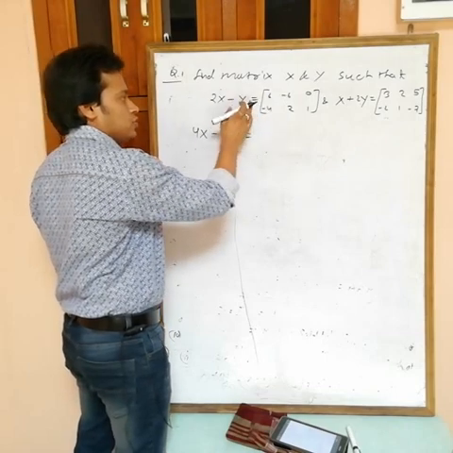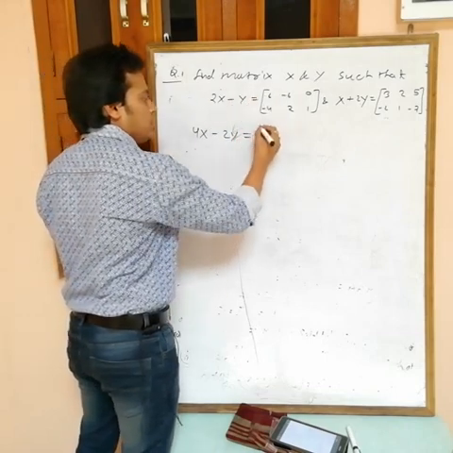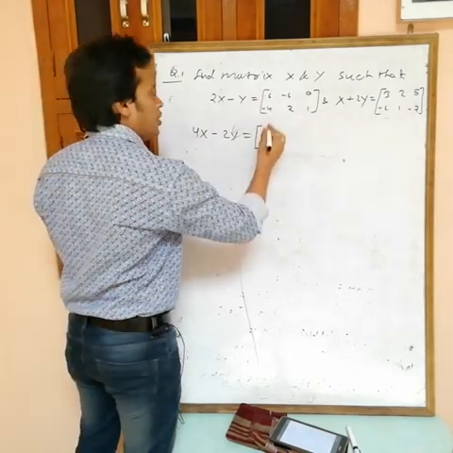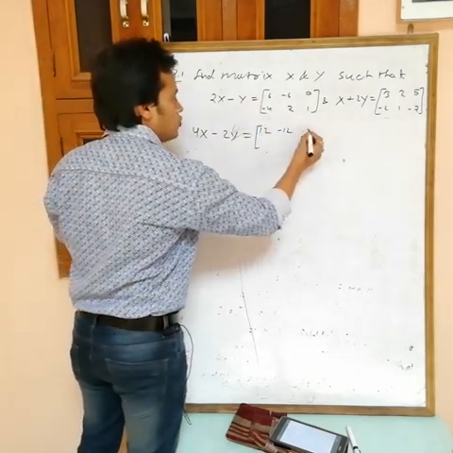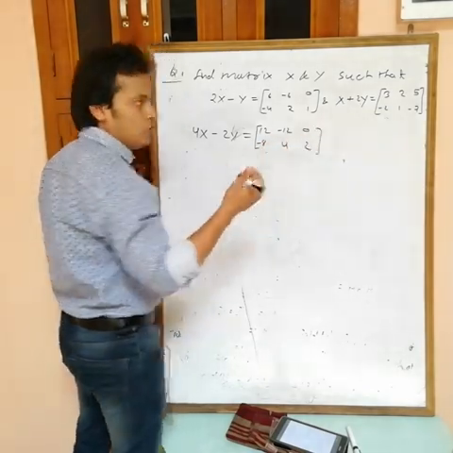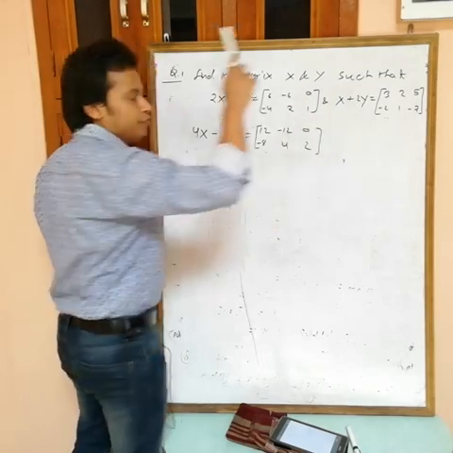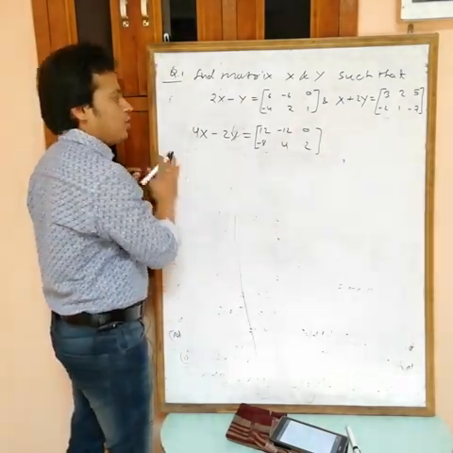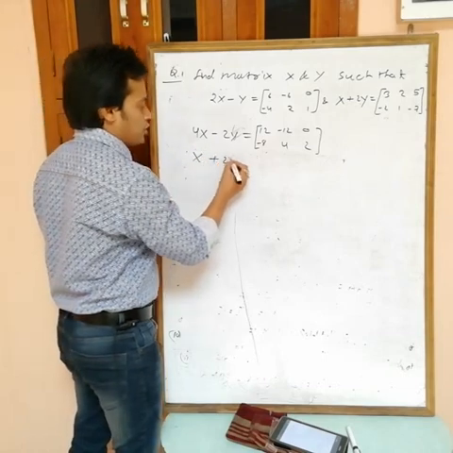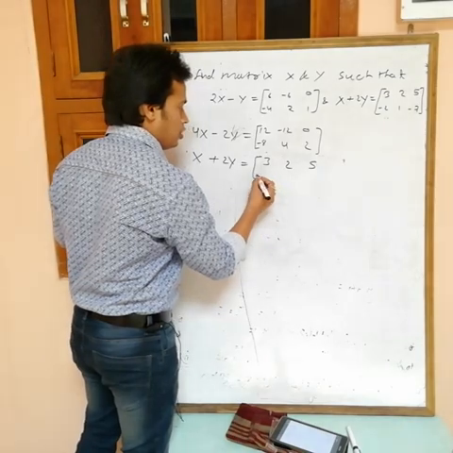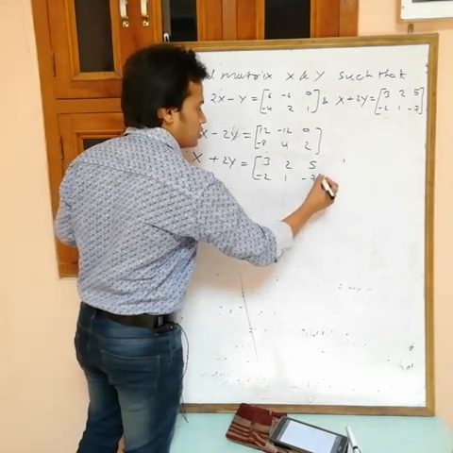So 4X minus 2Y, and 2 into this one, every element is multiplied by 2: [12, -12, 0; -8, 4, 2]. Now the coefficient is the same, so I can add to cancel out Y. And the next one is X plus 2Y equals [3, 2, 5; -2, 1, -7].